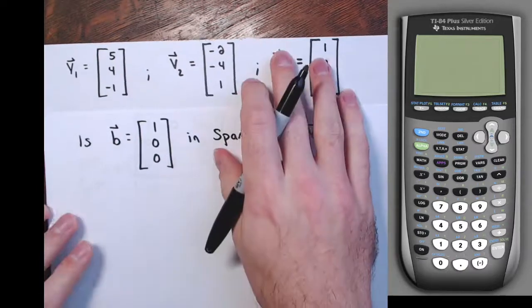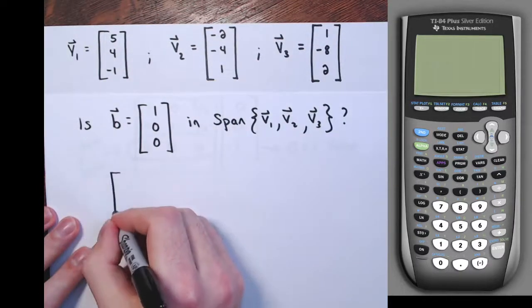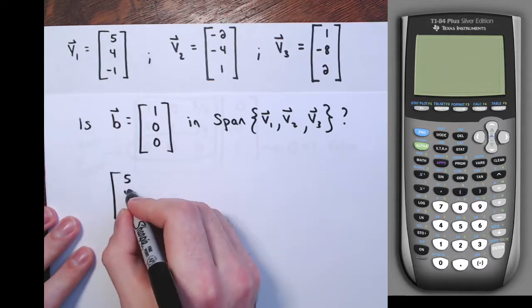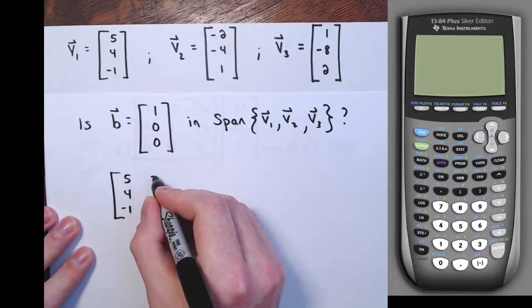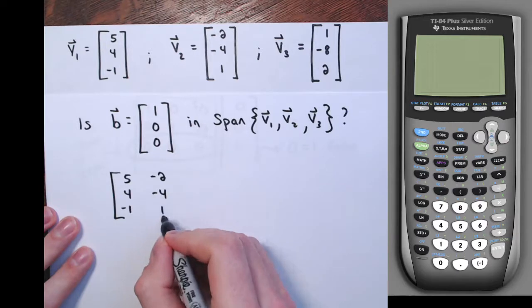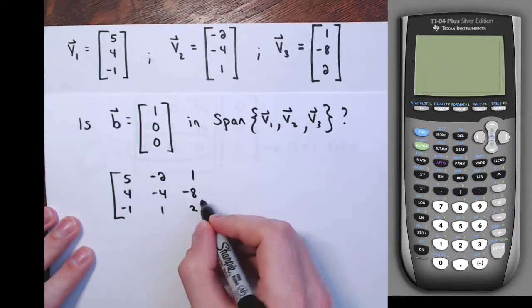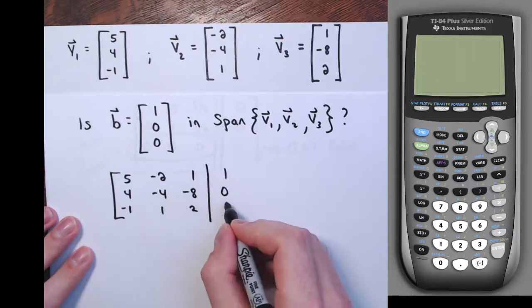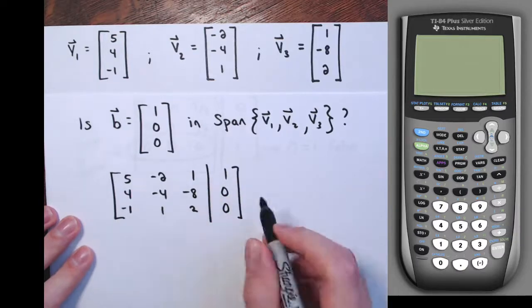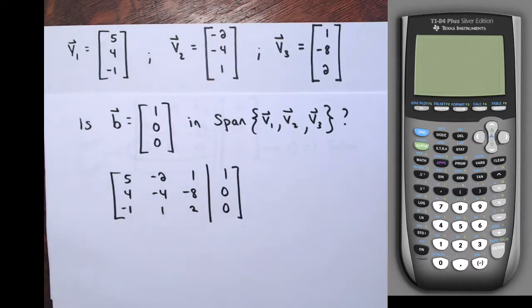Now the only change that I would make is the system, again, the first column vector v1, second column vector v2, third column vector v3, and then bar, and then 1, 0, 0 over here. So the only thing when I go to the matrix in my calculator, second matrix, the only thing I need to change in my 3 by 4 there is the far right column.